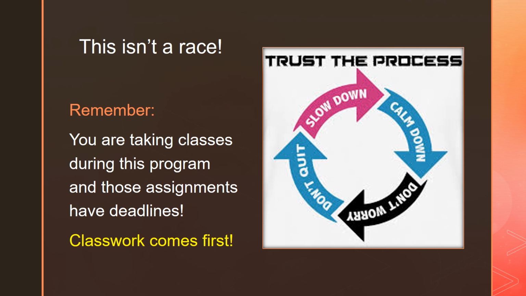So make sure you complete your classwork. This isn't a race. If you finish in September of your final year, that doesn't mean you're better than everybody else. And if you don't finish until the deadline, which is 30 days before graduation, and you end up going into the summer, it doesn't mean you're not as smart as the person who did it earlier.